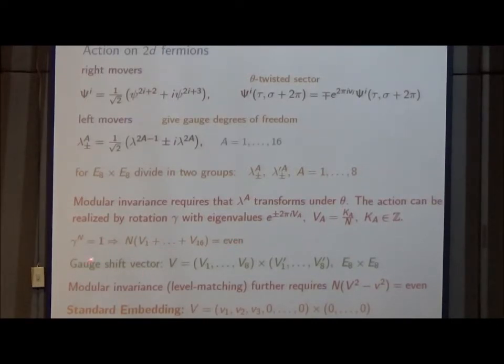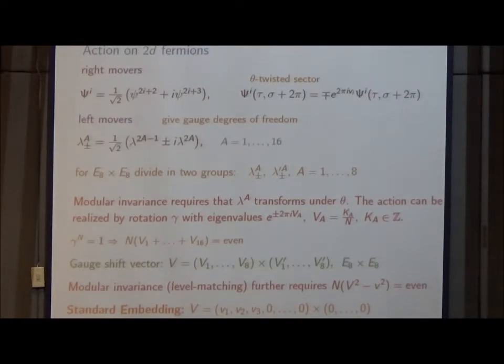So it's convenient to define what is called the gauge shift vector. This little v is like the space-time shift vector, and this is the gauge shift vector. For E8 cross E8, it will be a product of two 8-dimensional vectors, and for SO(32), it's 16-dimensional.